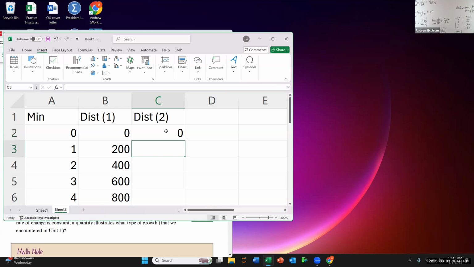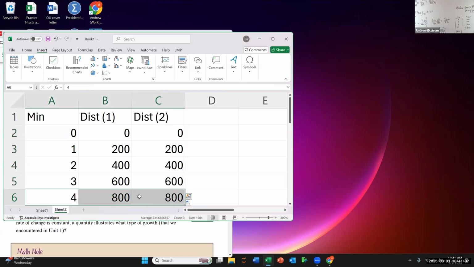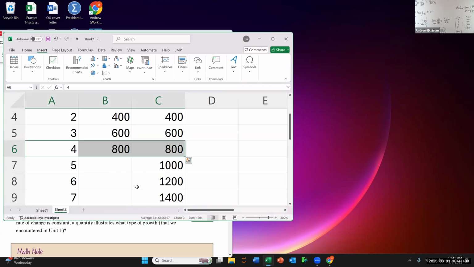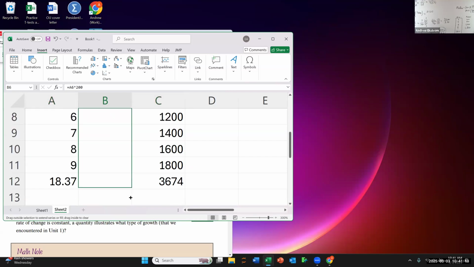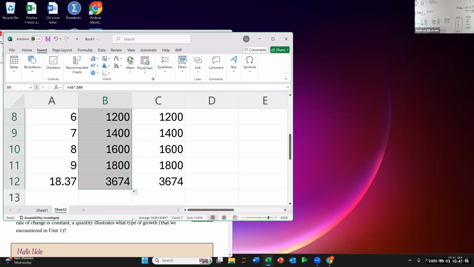And then hit enter. Same thing. And notice that we get exactly the same answer here. I can drag it all the way down. We can see that we get the same answer all the way through, which is kind of convenient, right?